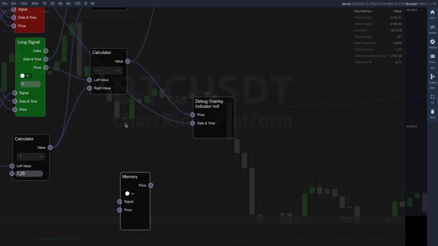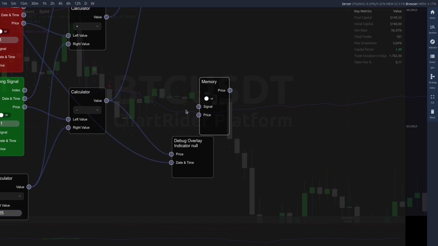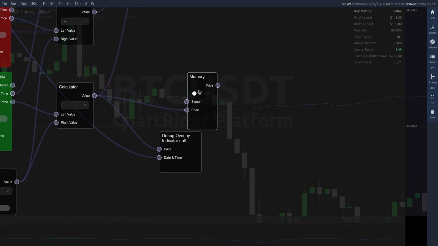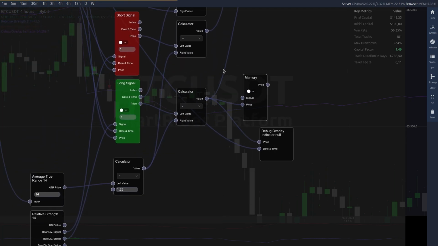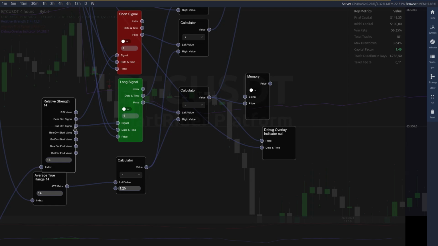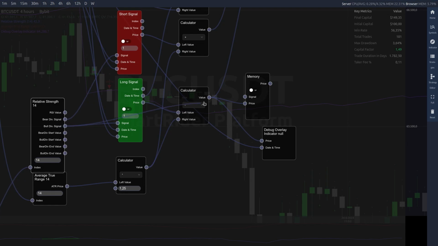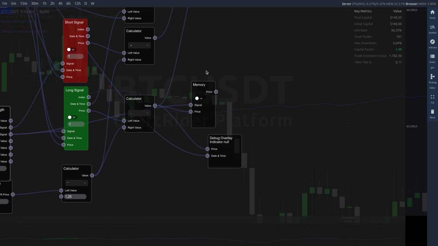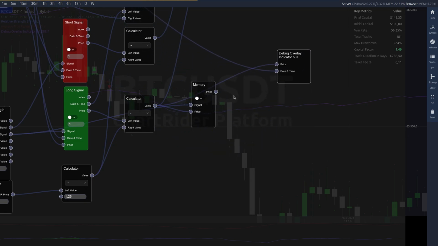So what I want to show you now is where the price is going to go. Let's catch the sell signal. It's like a bullish divergent signal from the long signal. And so then we have a price, and this price I want to show now with the debug overlay indicator.